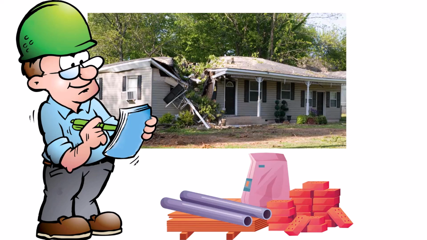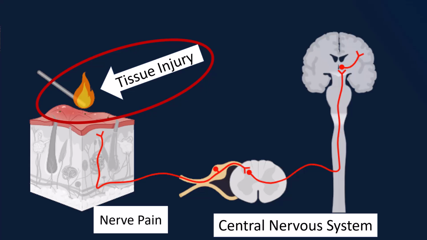But without the necessary construction materials, the repairs are not going to get done. In other words, FSM will work a lot better when there are the right nutrients available to do the repairs. Now let's look at the nutrients that help a body to repair an injury.